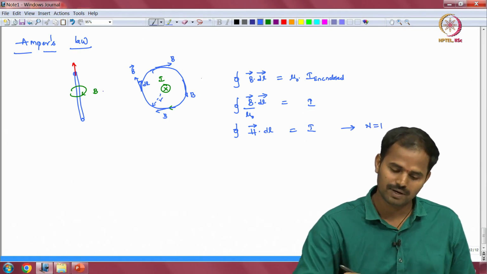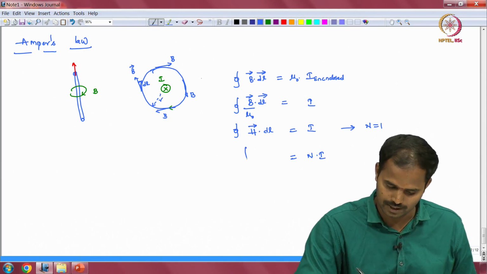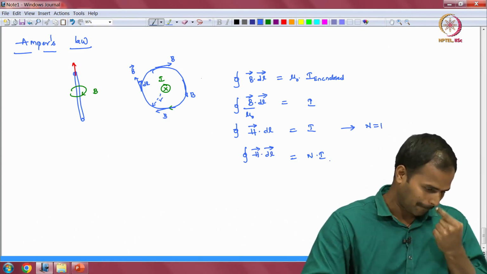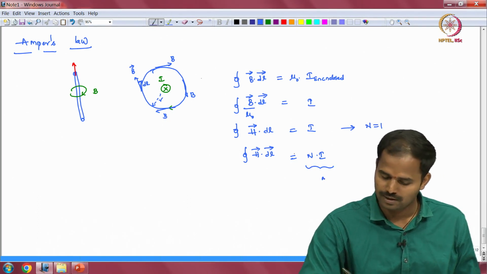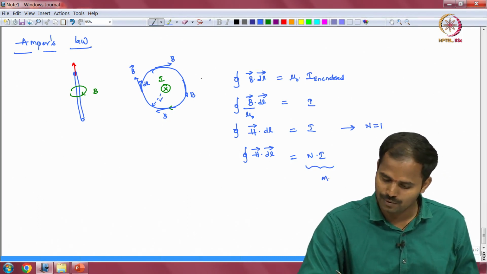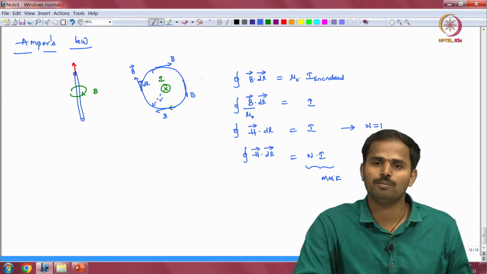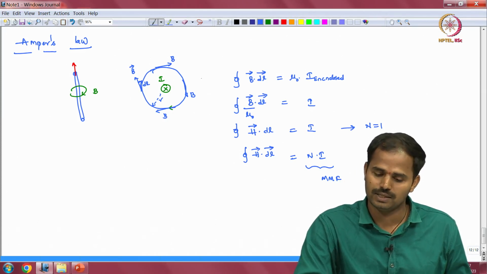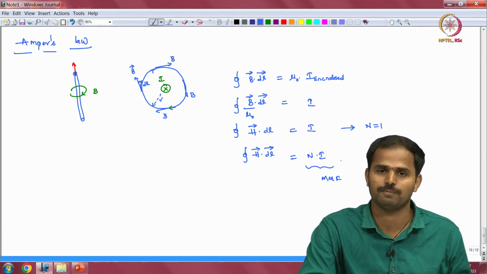If the number of turns are more, then n into I we have to consider, that is H dot dl equals n into I. And here MMF is nothing but n into I. The MMF is a dual of electromotive force, or I can say voltage in the electrical circuit. This is the source for the magnetic field, n into I.